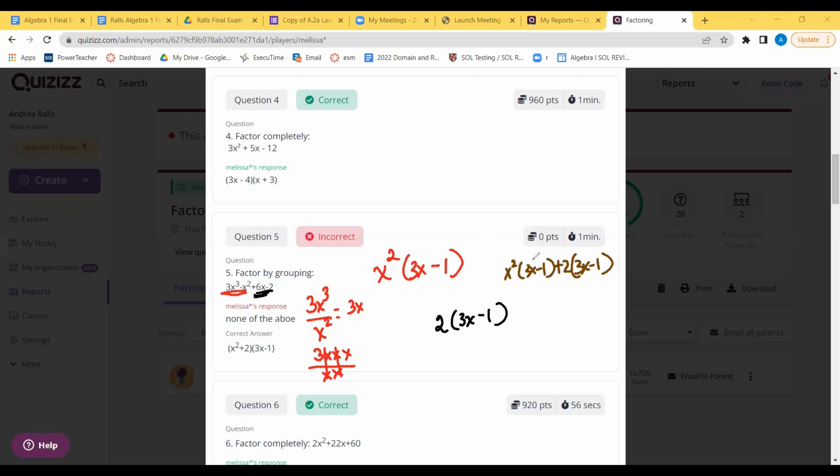And if you see that they have that common factor, which they do, you can make that one factor, 3x minus 1. The other factor would be the components that are left over, x squared and a 2, so x squared plus 2. That's the reason why, when you see the answer, they got x squared plus 2 times 3x minus 1. Hopefully that makes sense.